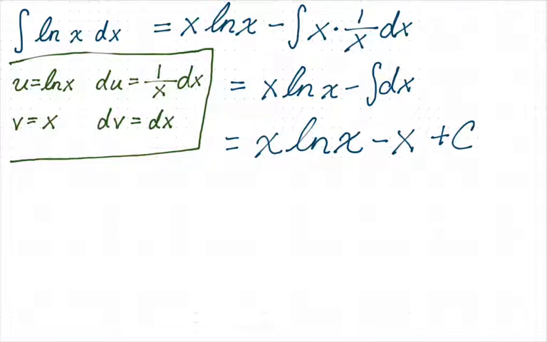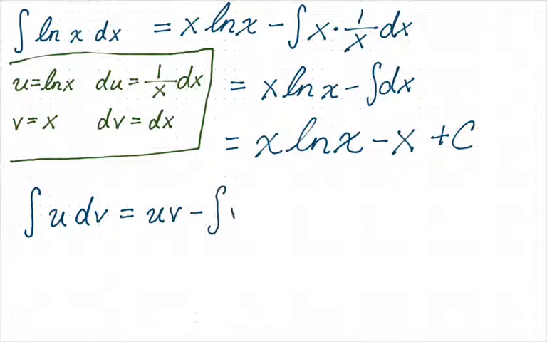Why are we only integrating dx? Because the x's cancel. Right, so remember that the integration by parts formula is the integral of u times dv is equal to uv minus the integral of v du.